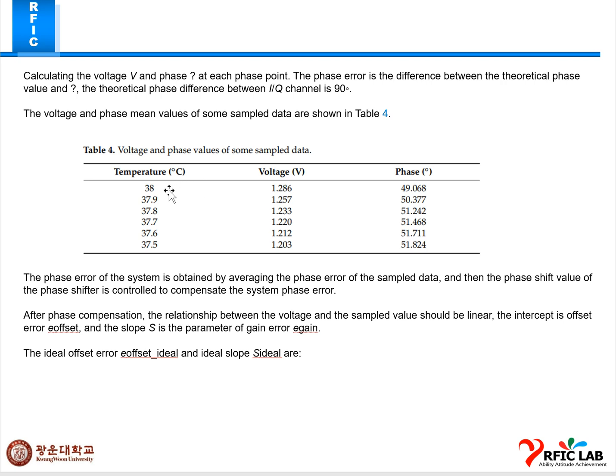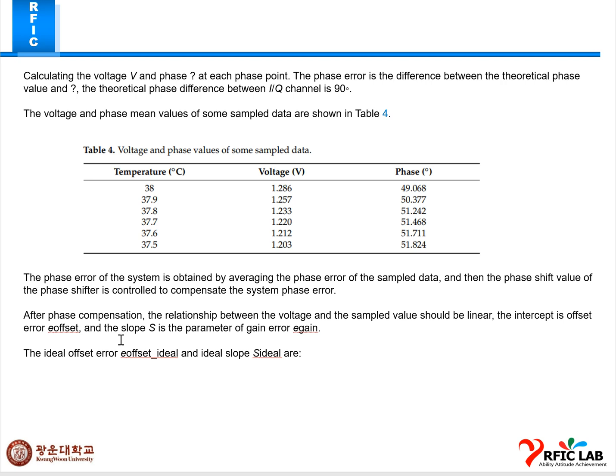By using the previous equation, you can calculate this. The phase error of the system is obtained by using the averaging mean value of the phase error of the sample data. Then the phase shift value of the phase shifter is controlled by the system phase error.